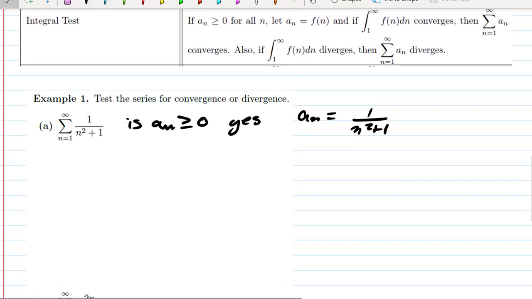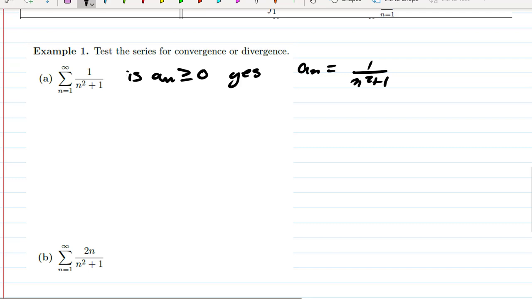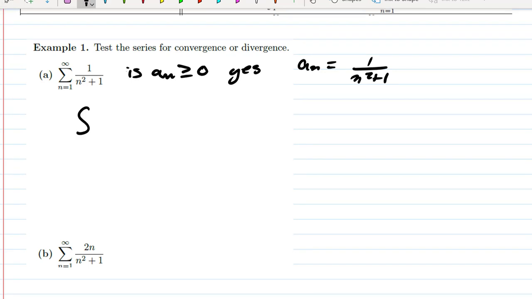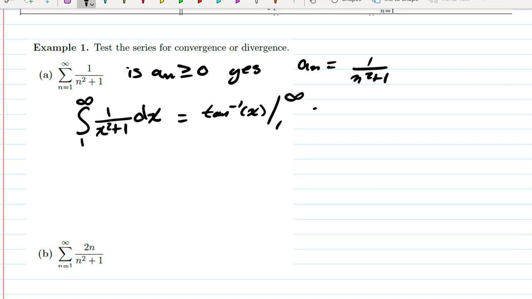So then it says we need to evaluate the integral. And I'm going to write it in terms of x's instead of n's because it doesn't change the value of the integral. So 1 over x squared plus 1 dx. And we recognize that as being the arctangent, so that's the inverse tangent of x evaluated from 1 to infinity.